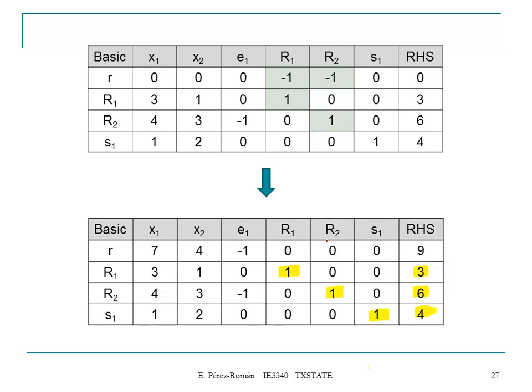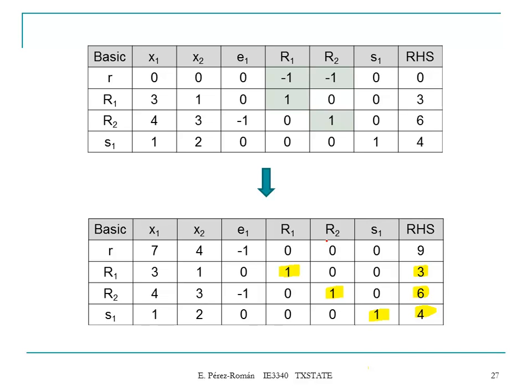And this is how you proceed. So once you apply the Gauss-Jordan operations, this is how the tableau should look. So now you have your basic feasible solution, and row 0 represents the 0 coefficients here.